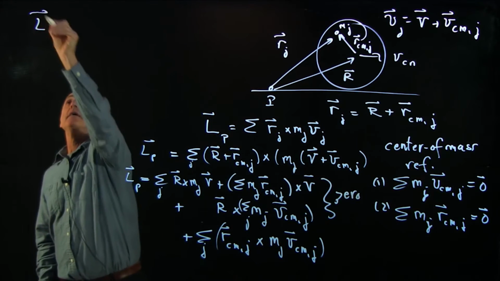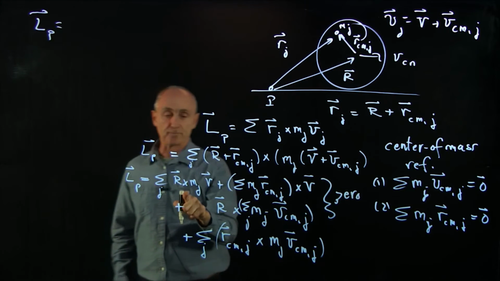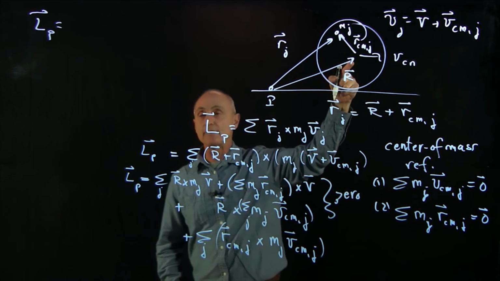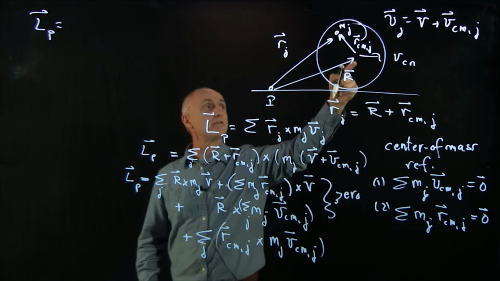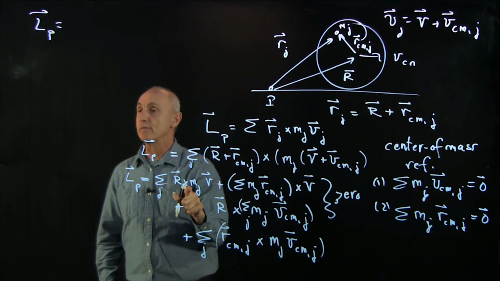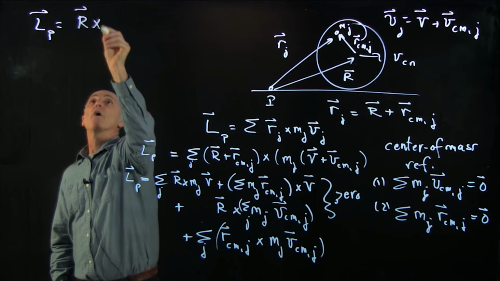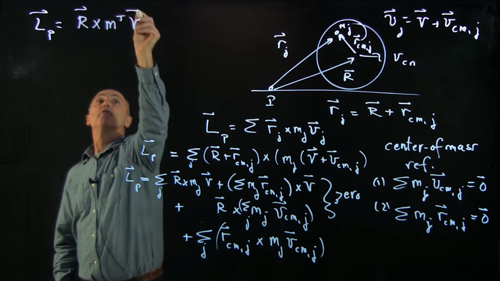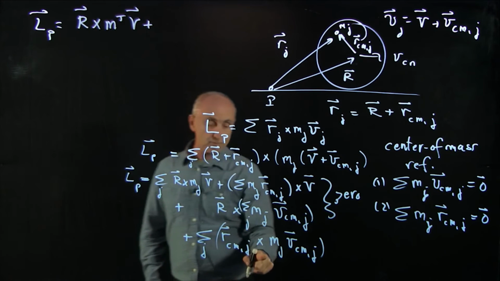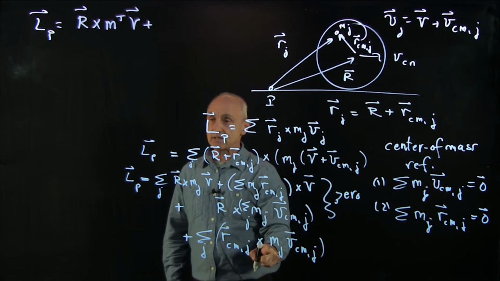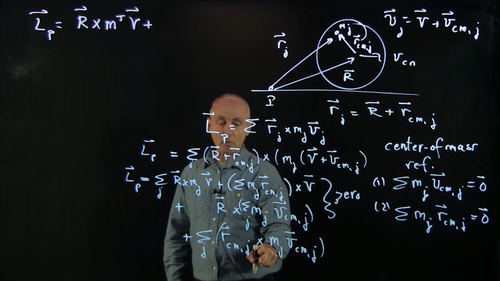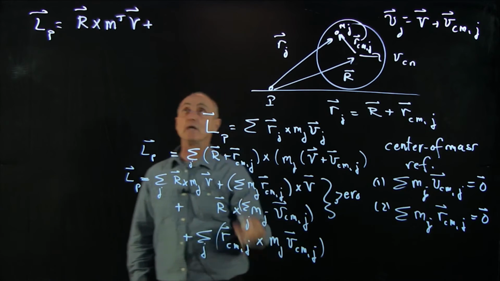So LP, now let's look at the first term. Here, r is the same for every particle. V is the same for every particle. When we're summing over the mass, we're just getting the total mass. So the first piece is r cross m total V. And this last piece is precisely the definition of the angular momentum of the jth particle in the center of mass frame.